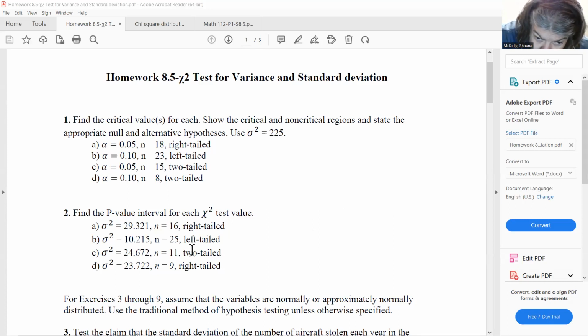So sigma squared is equal to 24.672, and n is 11, and it's two tails. So this is when you've gotten your test statistic.